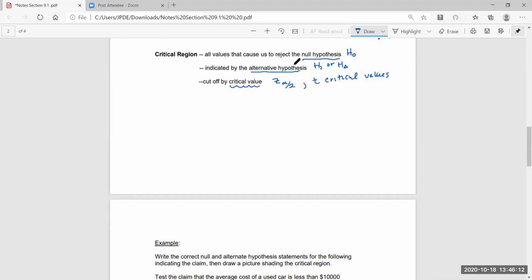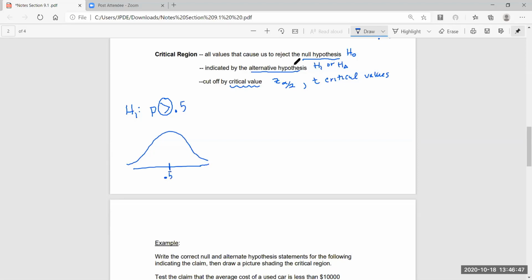Okay, so let me show you what a critical region would look like. So let's say we had an alternative hypothesis that said the proportion is greater than 0.5. What we're looking at is this symbol, greater than. When we look at our normal distribution, we would think of the 0.5 being here.